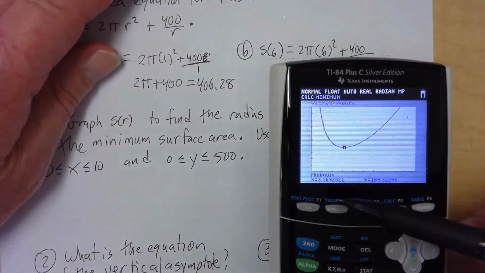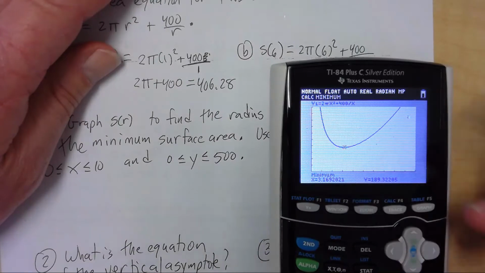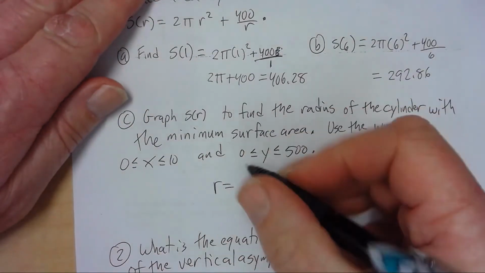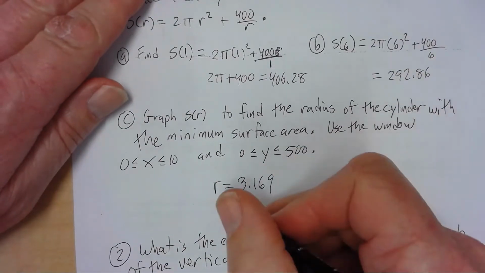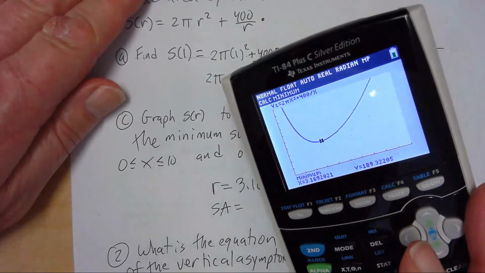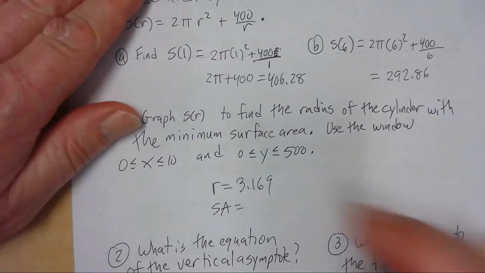So it's 3.169. So R is equal to 3.169, and that gives me a surface area of 189.3.